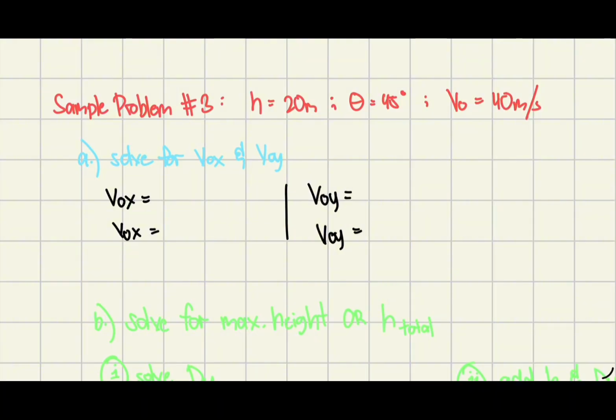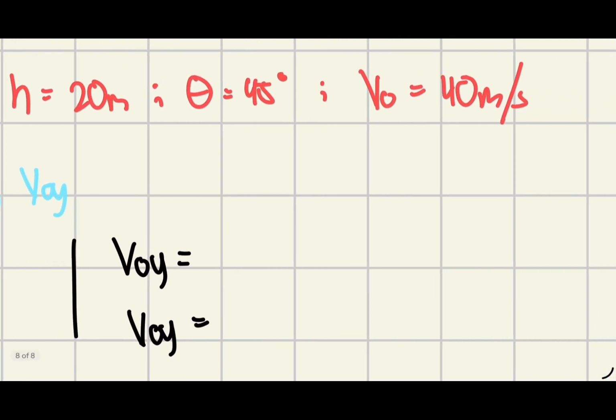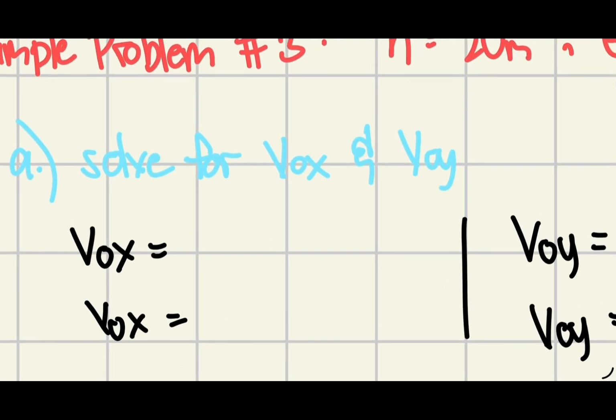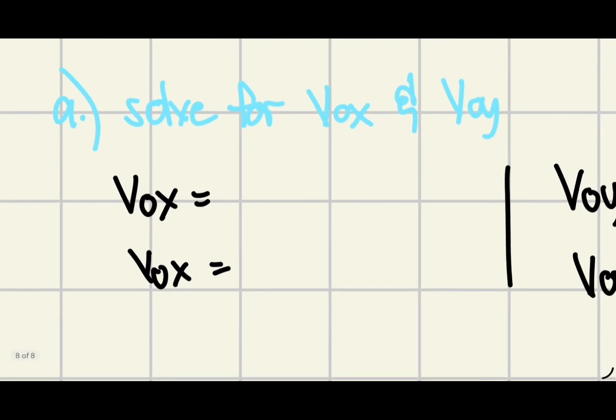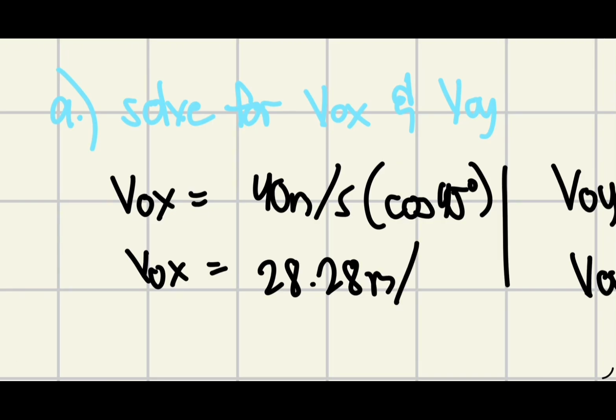For sample problem number 3, we are given the height of 20 meters, angle of projection which is 45 degrees, and the initial velocity of 40 meters per second. For letter A, we are trying to solve for the vertical and horizontal components of the initial velocity. As we've done before, we should just substitute our values. This is 40 meters per second multiplied by cosine 45 degrees, which comes about to 28.28 meters per second.